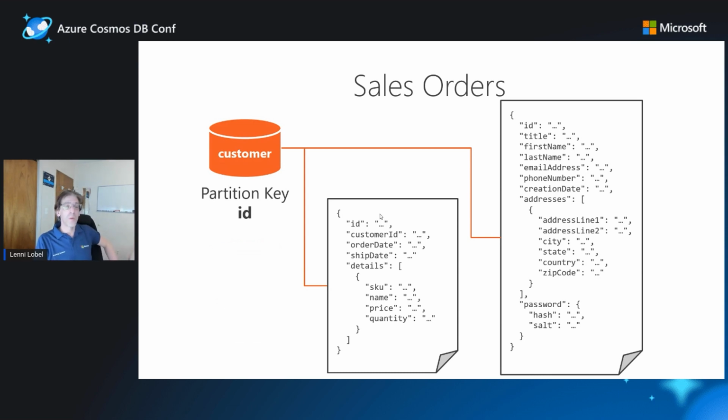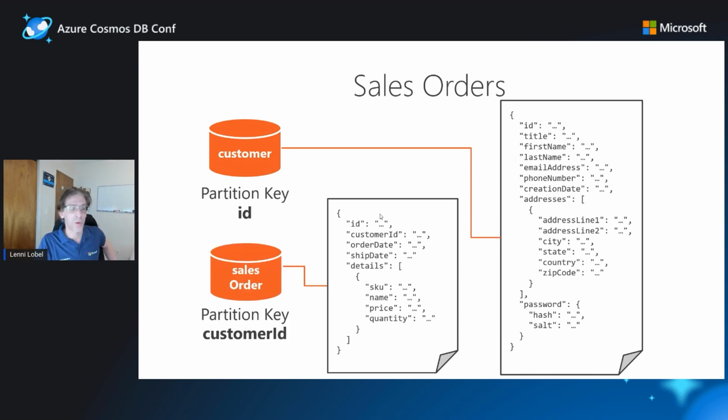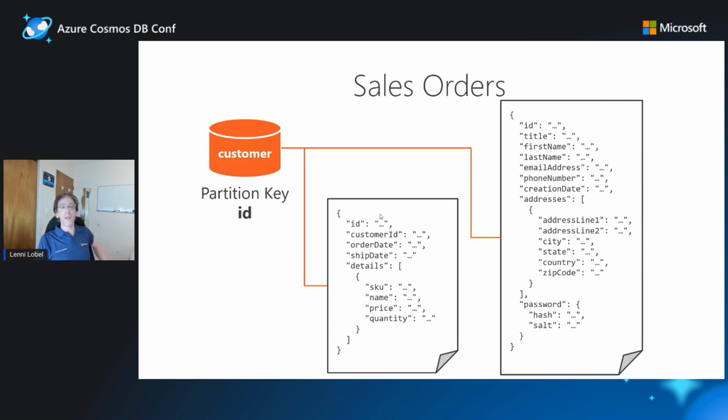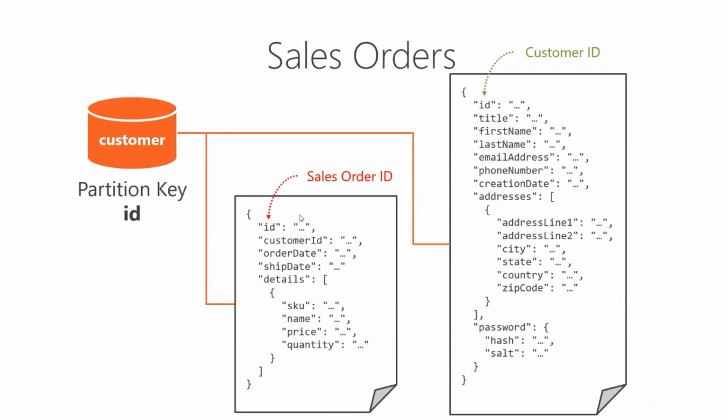So what we'll do is not create that new sales order container. We will stick with the single customer container that we started with. We'll just have to make a minor adjustment since the ID property in each of these two types is different. In the case of the customer document, the ID is the customer ID. In the case of the sales order document, the ID is the sales order ID, and it's the customer ID property that's kind of a foreign key, if you will.